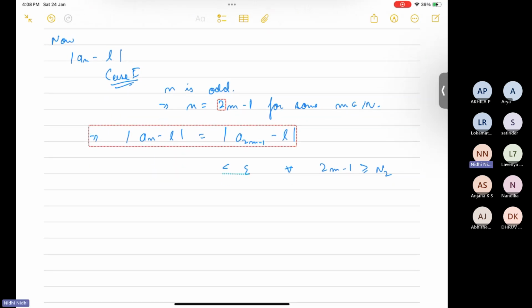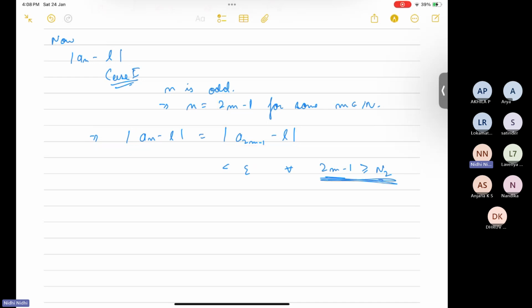That means we need this relation in terms of n.